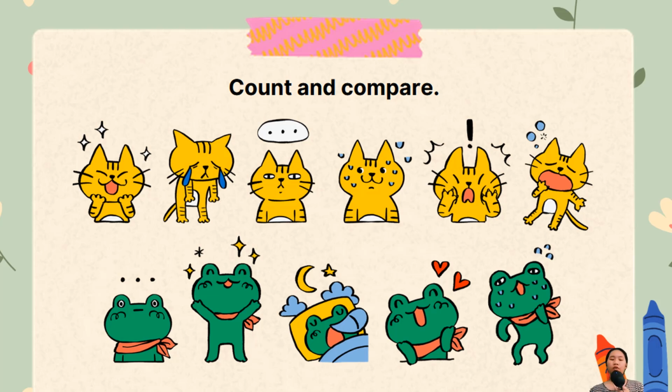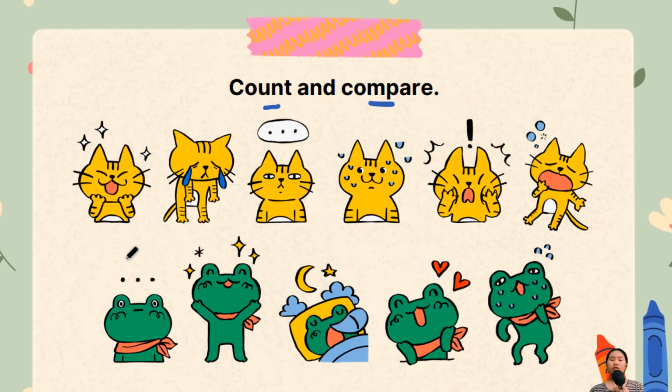So let's move on to our first exercise, count and compare. What we're going to do is we're going to count the different sets of images over here. As you can see, we have our first set, which is just a bunch of cats, and our second set of data, which is just frogs, okay?